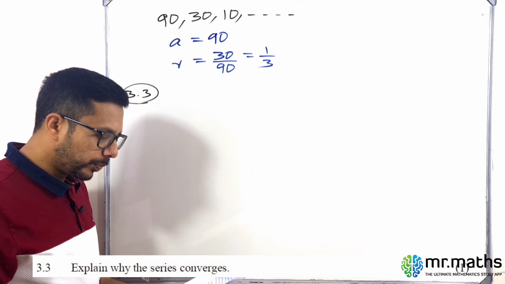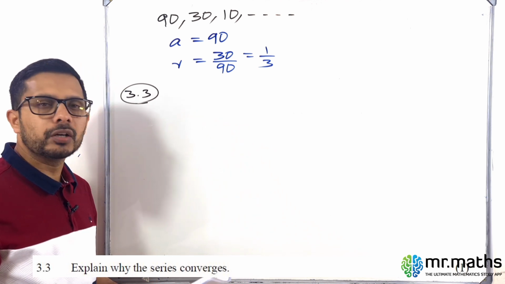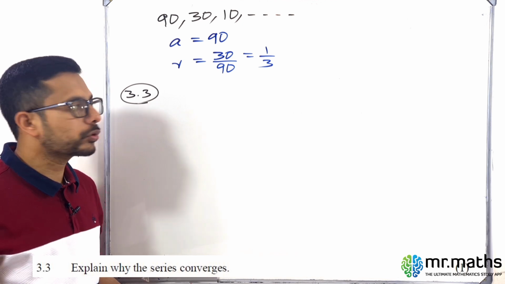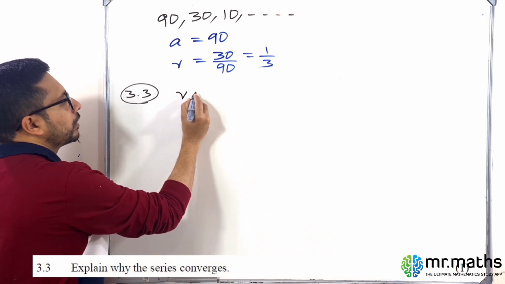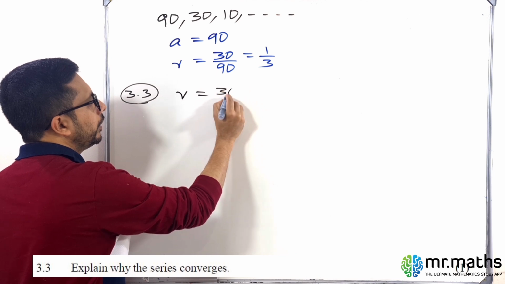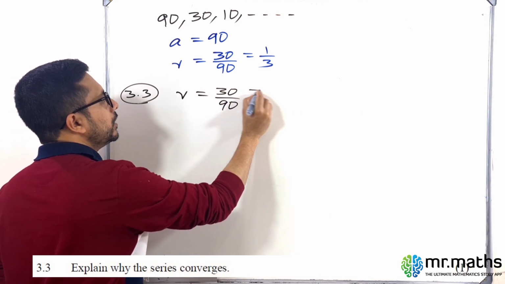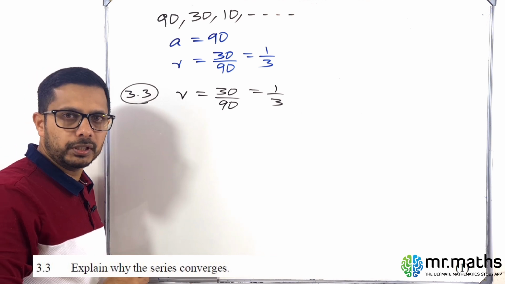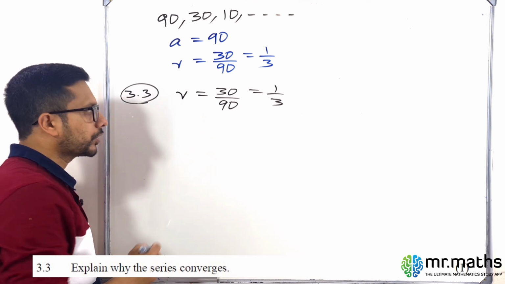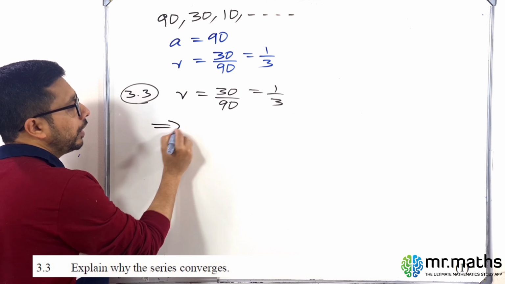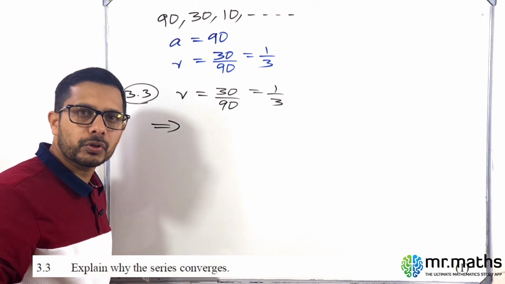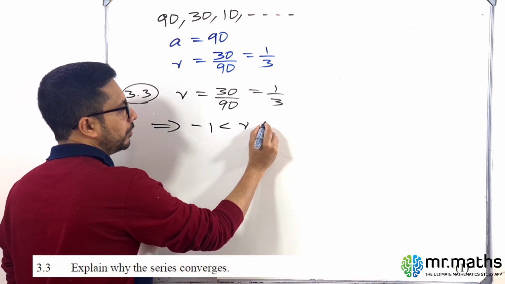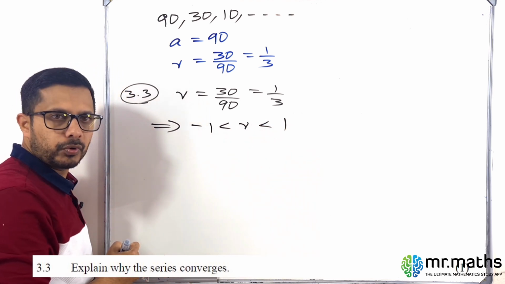What is this question? Explain why the series converges. So here what is the value of r? We got r as 30 divided by 90, which is equal to 1 over 3. And what is the condition for convergence? The value of r must be between -1 and +1.